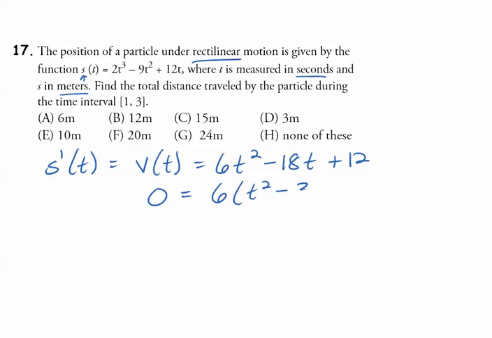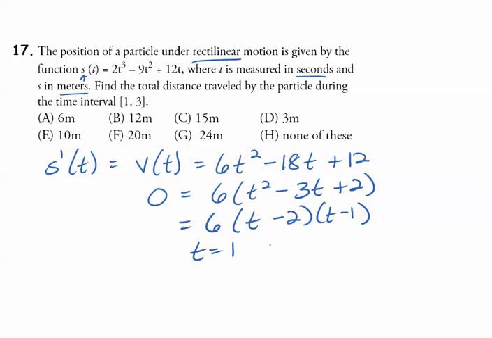That should be a 3. So again, if it's in a non-calculator section, it will be easily factorable. So our critical numbers, when the velocity is equal to 0, are at 1 and 2. They are both single roots, so we expect it to change directions.